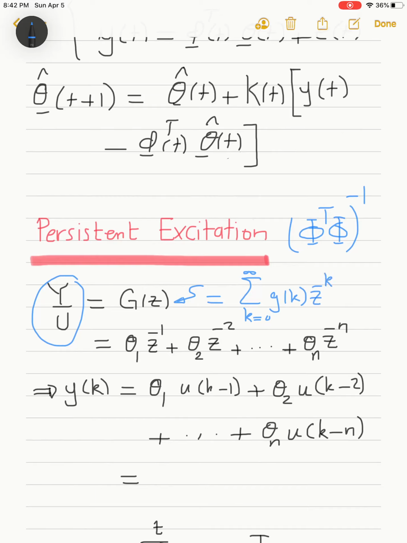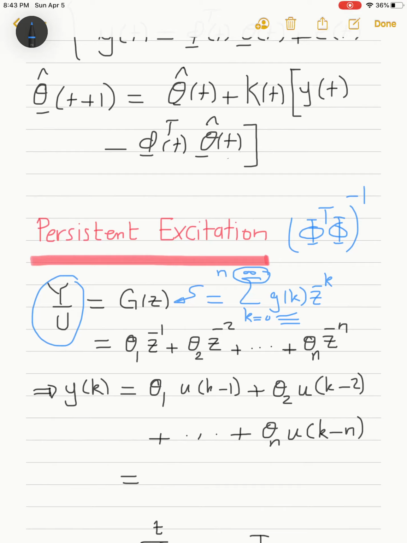If we assume that this transfer function is stable, it means that the impulse response coefficient g of k will actually decay to 0. And if that happens, we can truncate the summation, instead of a summation to infinity, to some number n.